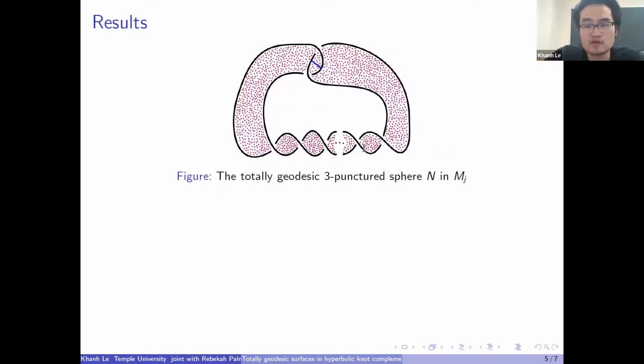Our main result concerns the complement of the twist knot K_j, denoted as M_j. So this is the totally geodesic three-punctured sphere N in M_j.